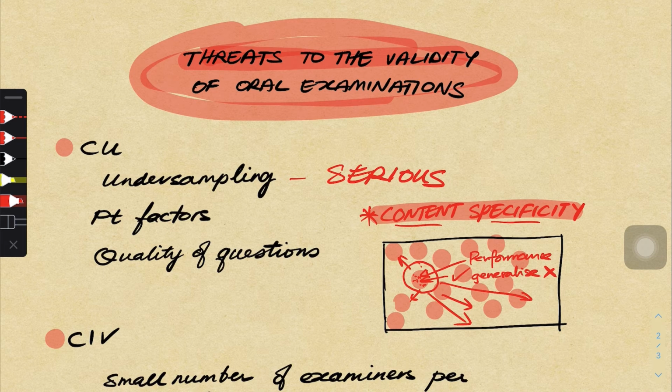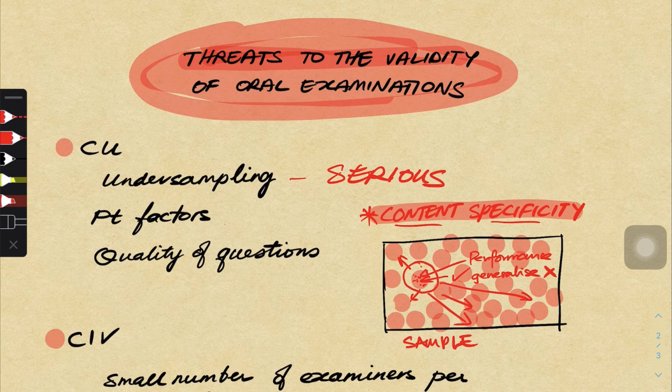The more areas you sample, the better will be your generalization about this candidate's performance. That is the concept of content specificity, which is related to sampling. The more you sample, the better will be your idea about his overall performance.